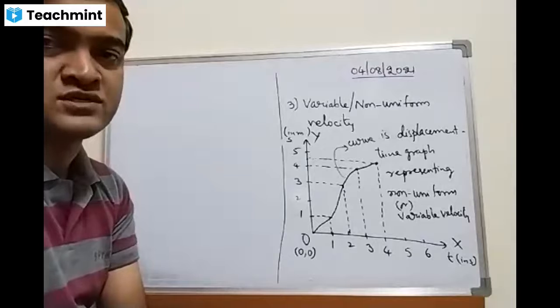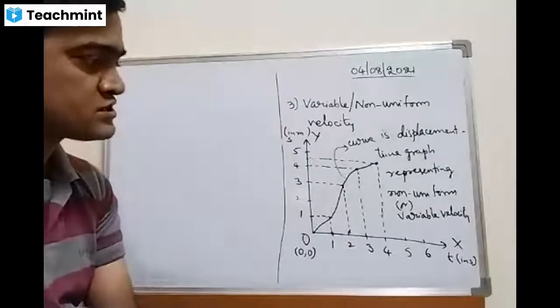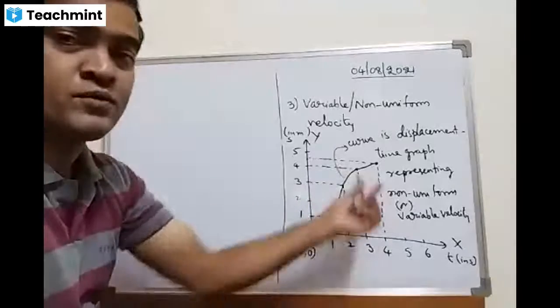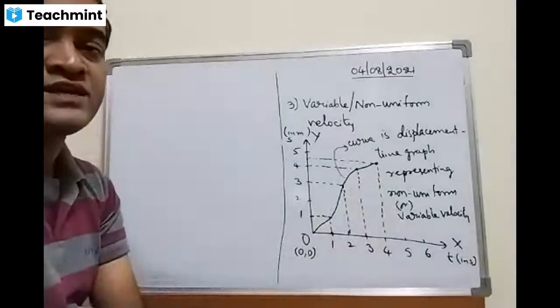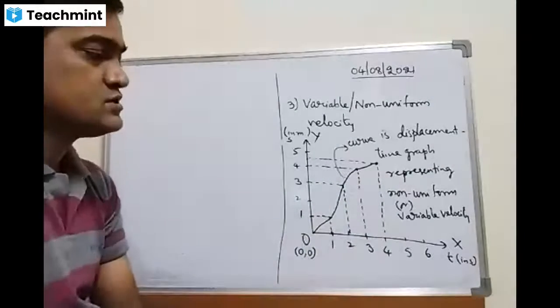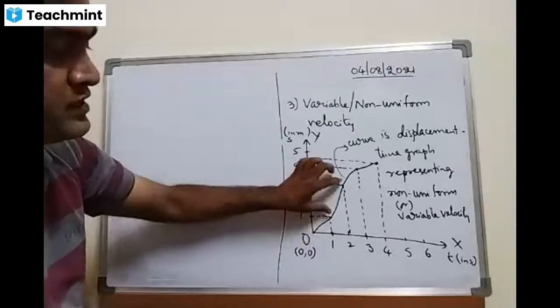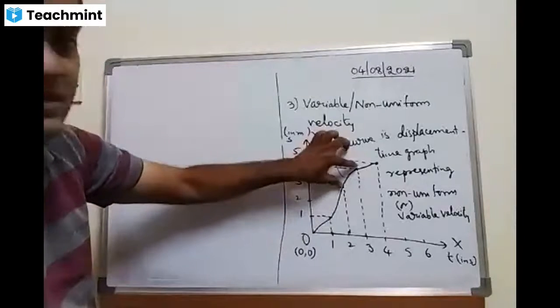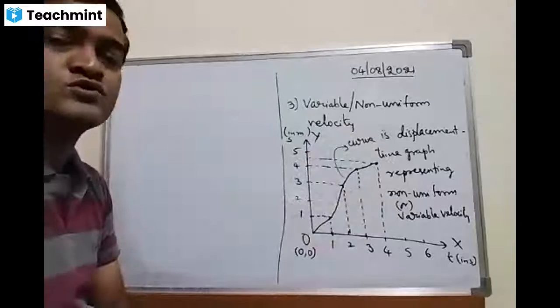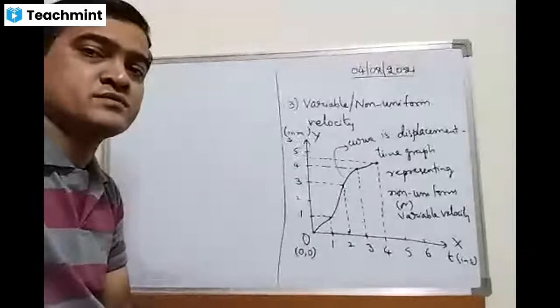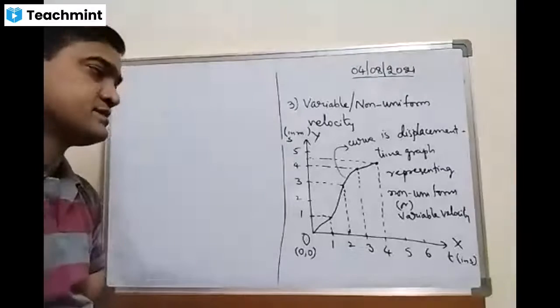Slope remains constant. Here slope will differ. Slope will change at every point. Slope will be one value here, another value here, another value here, like this. Slope goes on changing.